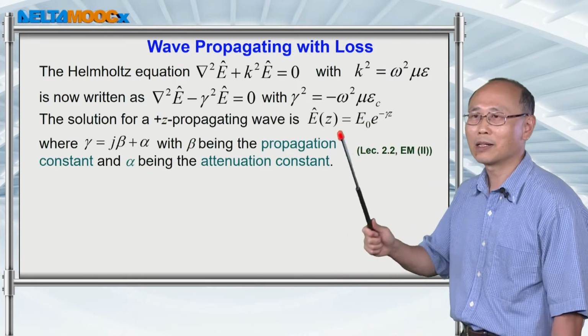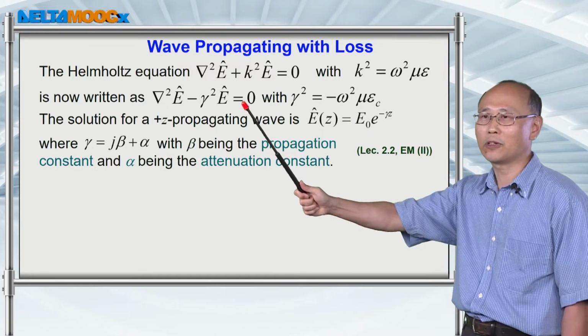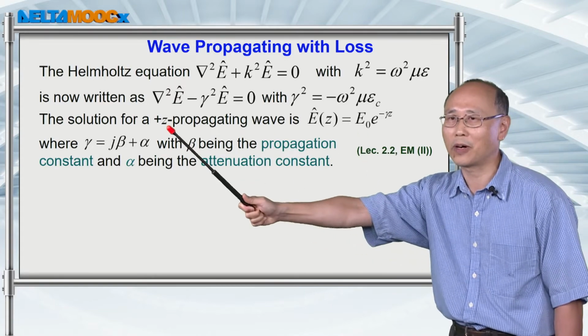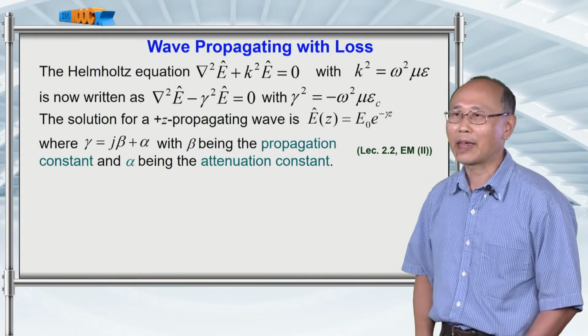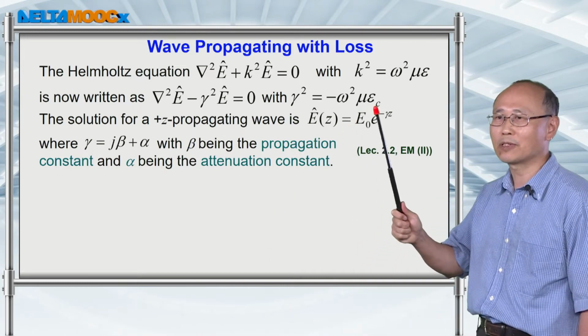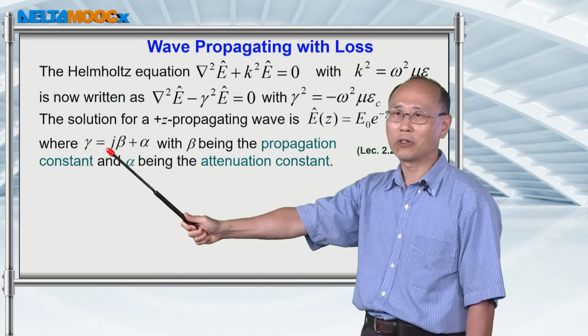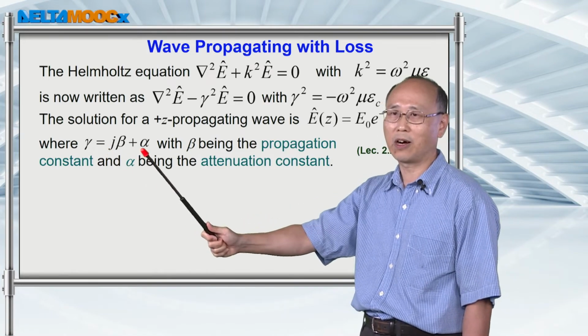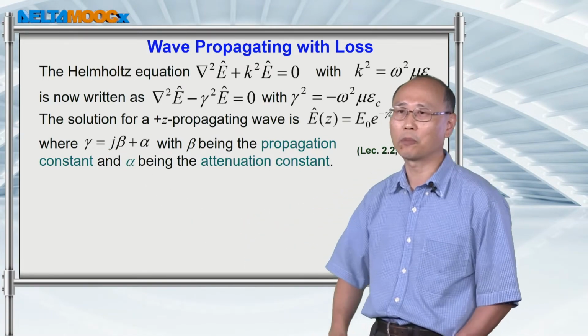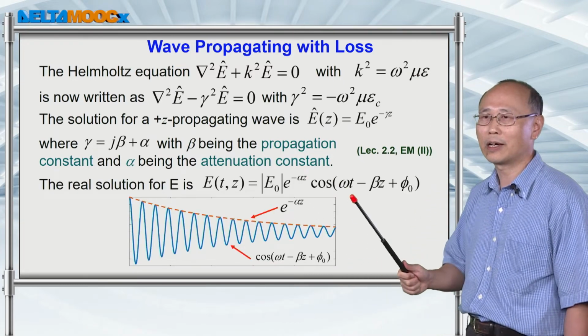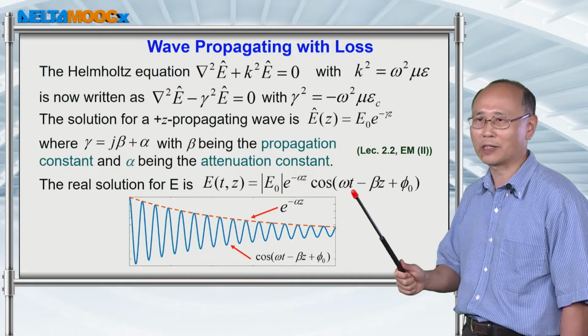The solution of this Helmholtz equation is going to be given by this expression if we allow the wave to propagate along the plus z direction. Because epsilon c is a complex number, gamma is also a complex number consisting of a real part and an imaginary part. The solution in general is given by this expression.